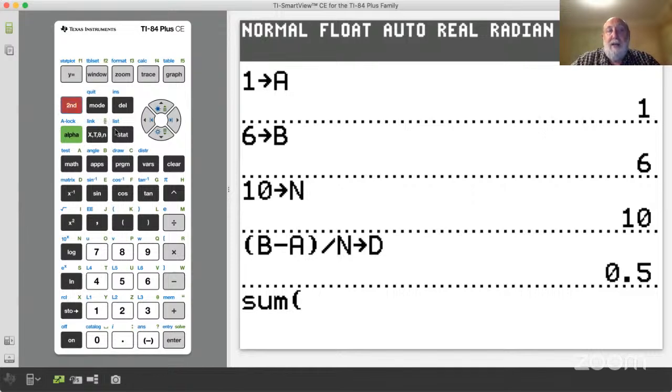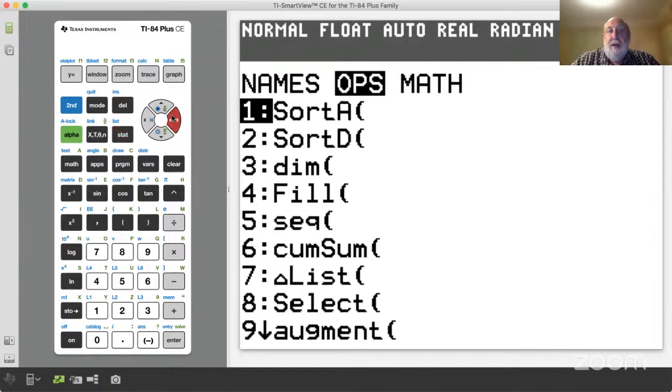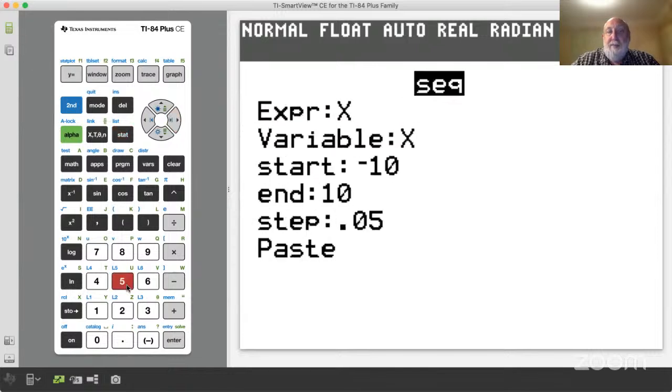So I'll go back to list, operators number 5. And my expression, I'm going to use k for my index. All right, so that'll be my variable.